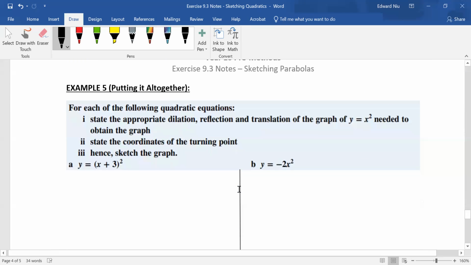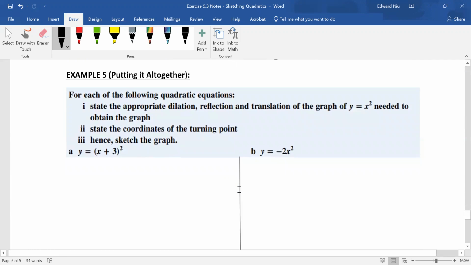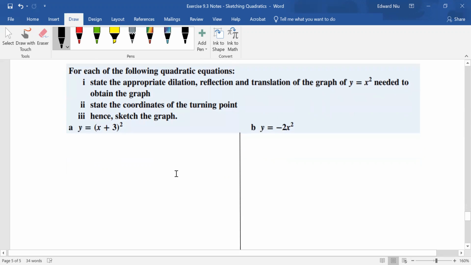So, putting it all together, for each of the following quadratic equations, number 1, state the appropriate dilation, reflection, and translation of the graph of y equals x squared needed to obtain the graphs. Number 2, state the coordinates of the turning point. And then 3, sketch the graph. So, all right, let's go through one by one. Dilation.